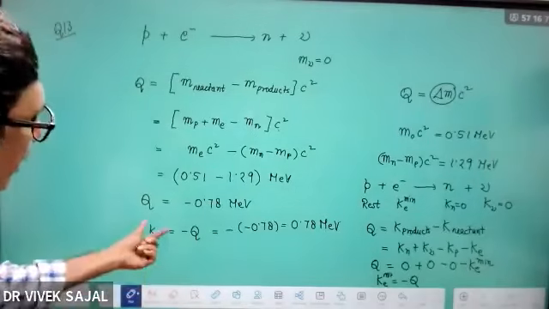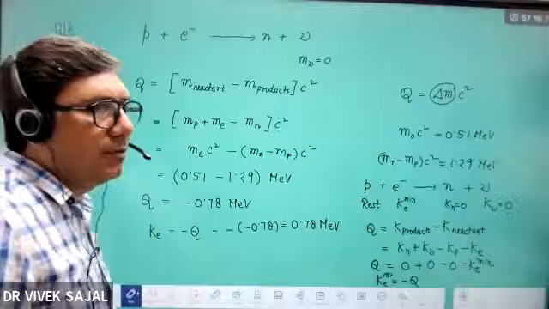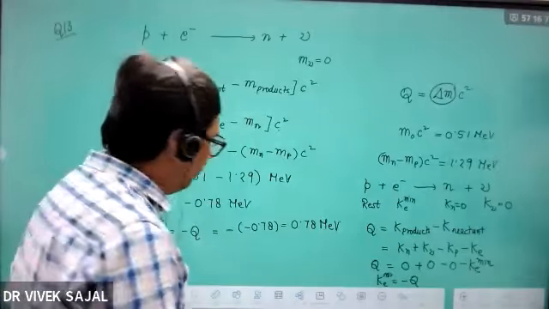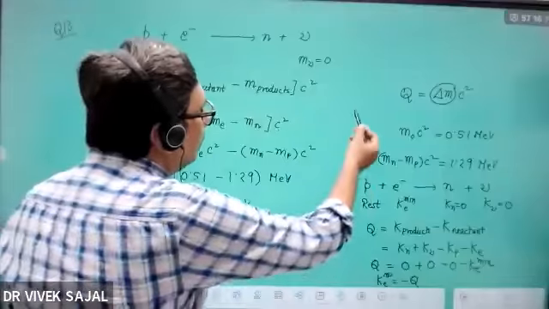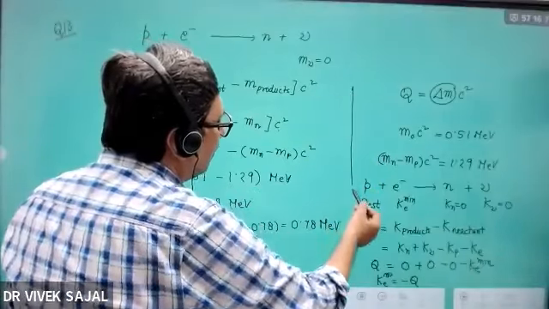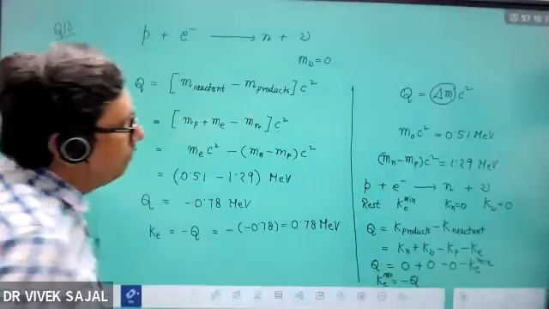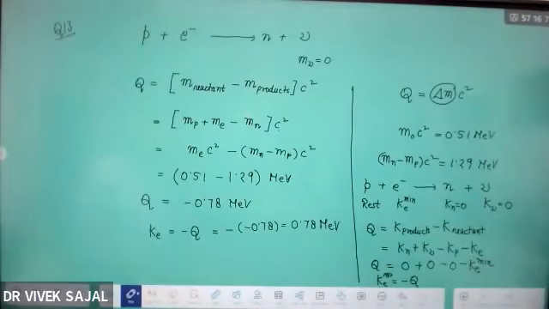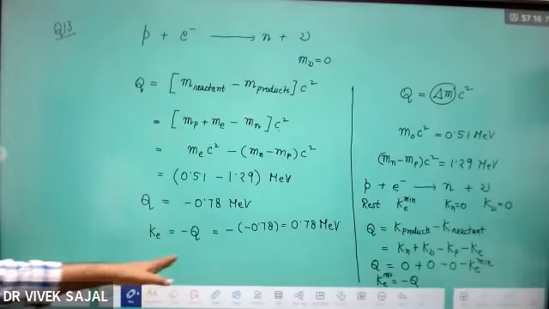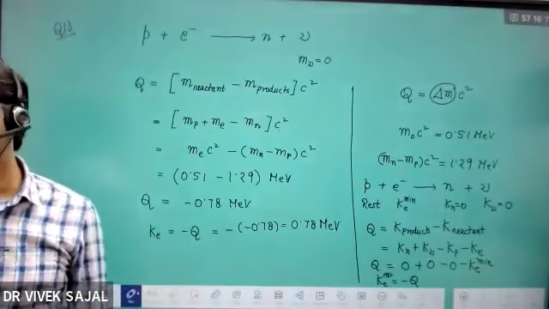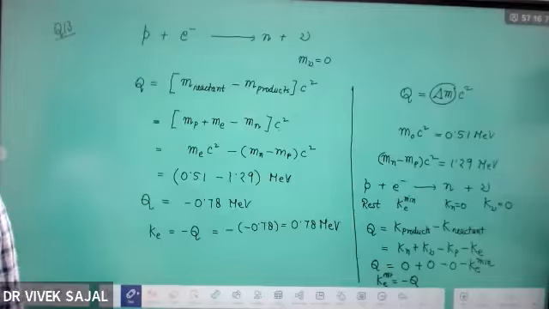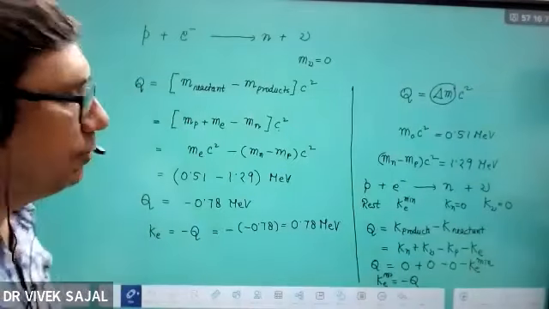This is the kinetic energy possessed by the electron, 0.78 MeV. Please note it down. This is just for your information. Now corresponding to this value, we can find out the de Broglie wavelength.